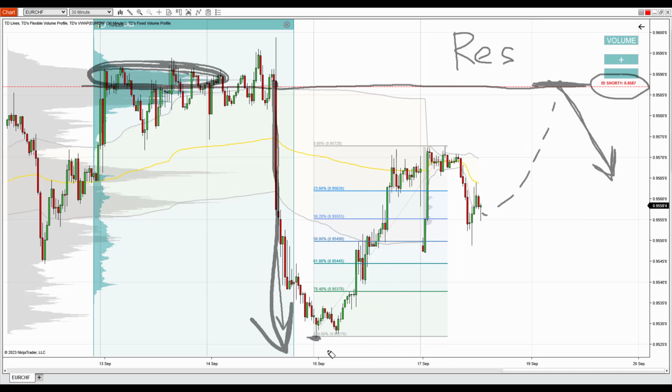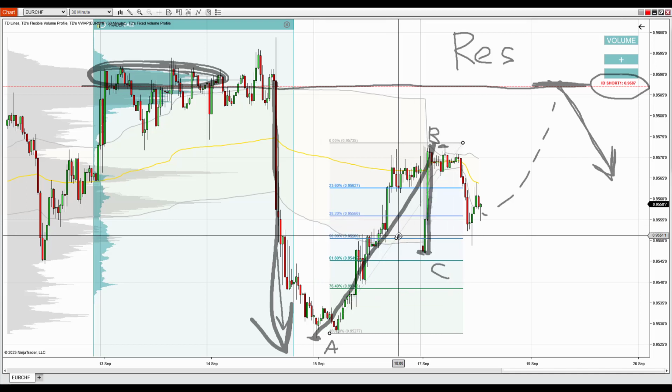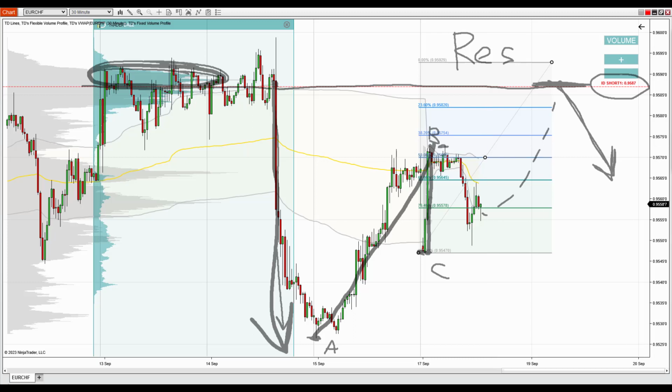This was point A, this was point B, right here, point C. The price goes from A to B, makes a pullback to C, and then you take the Fibo and the same distance is point D. So price should go to the point D, which is in here, and go downwards from there.